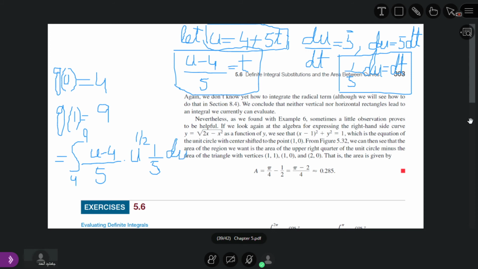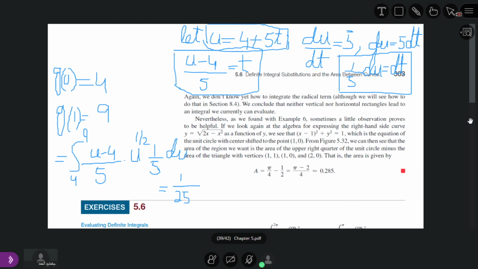Now here, what is the constant? In the first expression, we have 1 by 5 as a constant. In the last, we have 1 by 5 as a constant. So 1 by 5 times 1 by 5 will become 1 by 25. Constants always go outside, so that is why we put 1 by 25 outside.